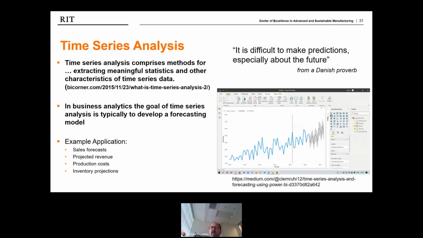There are more sophisticated methods such as neural networks that I'll talk about later that can include the effect of many other variables on a forecast.